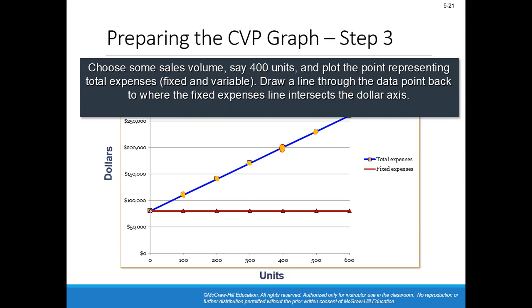So we have started from here. Now the question is, what is the total expenses if we have no production? Is it 0?